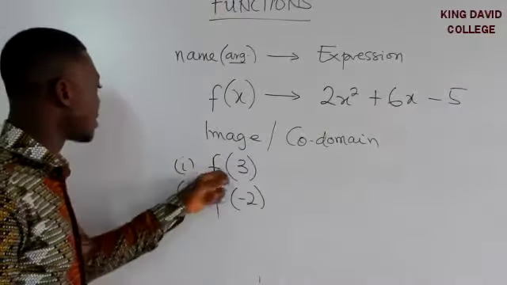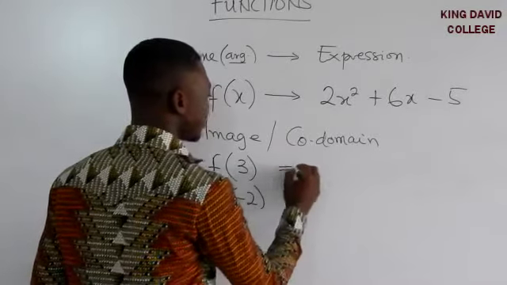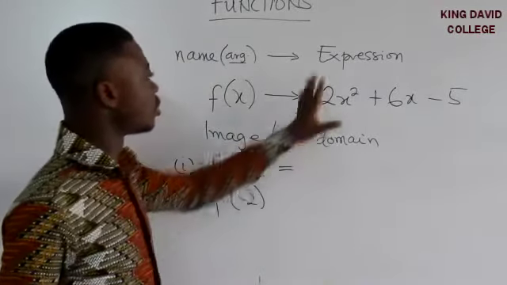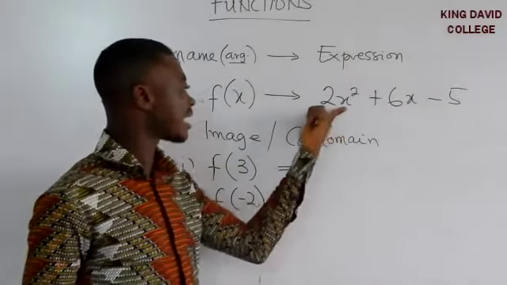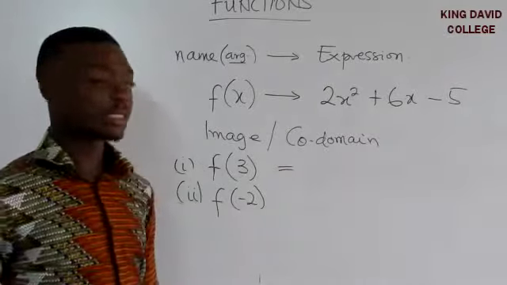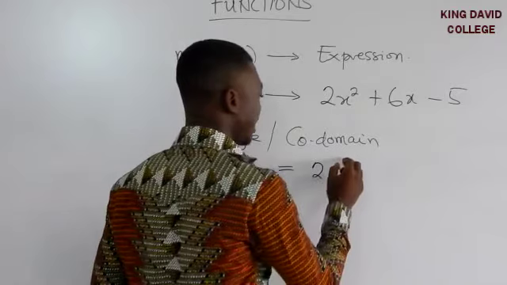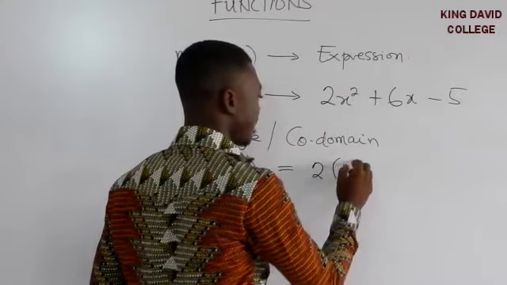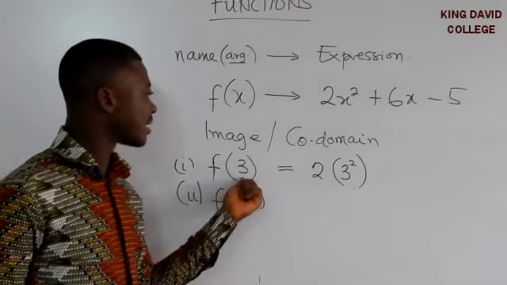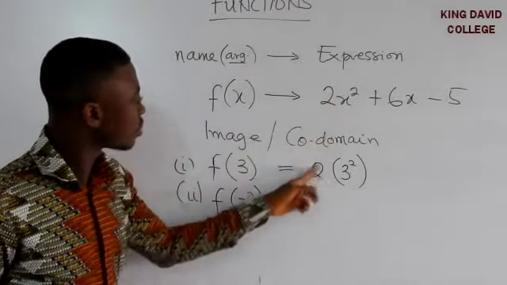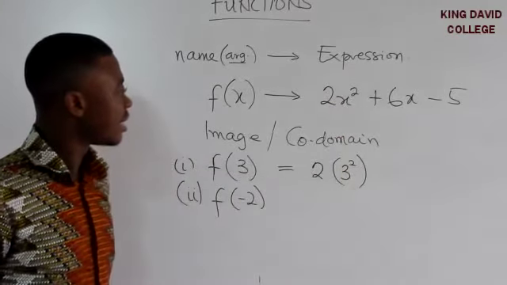Okay? So for this one, f of 3 is just going to be, you bring out your expression here, and every time you see x here, you put in the input there. So this is just going to be 2 multiplying 3 squared, because it is 2x squared and our x is 3. So this x here is squared.